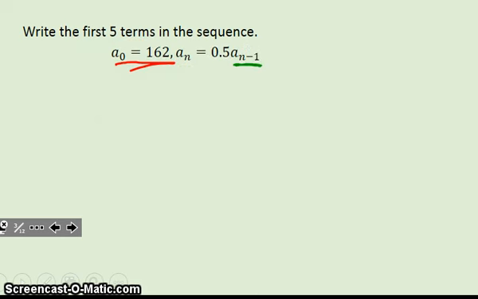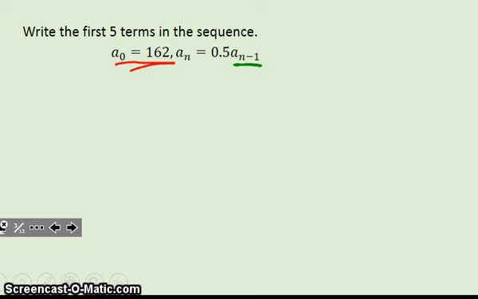Alright, so for this equation, a sub n minus 1 is being multiplied by 0.5, so I'm taking half. 0.5 is half of the previous term. Something you might not have seen before, here they're giving me a sub 0.